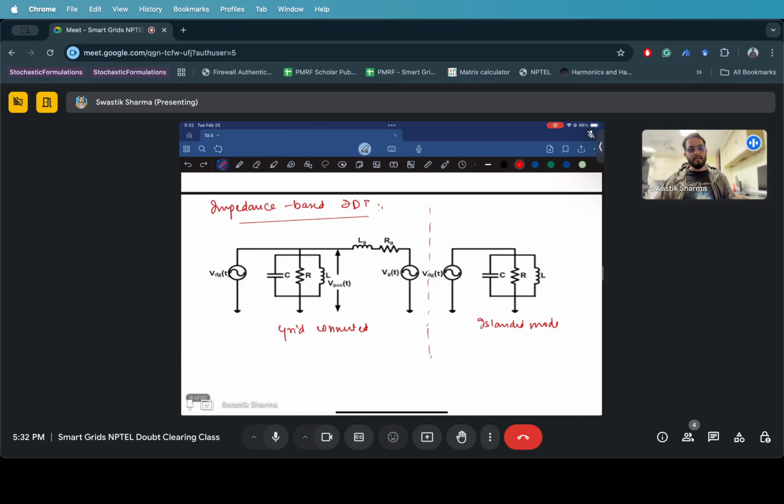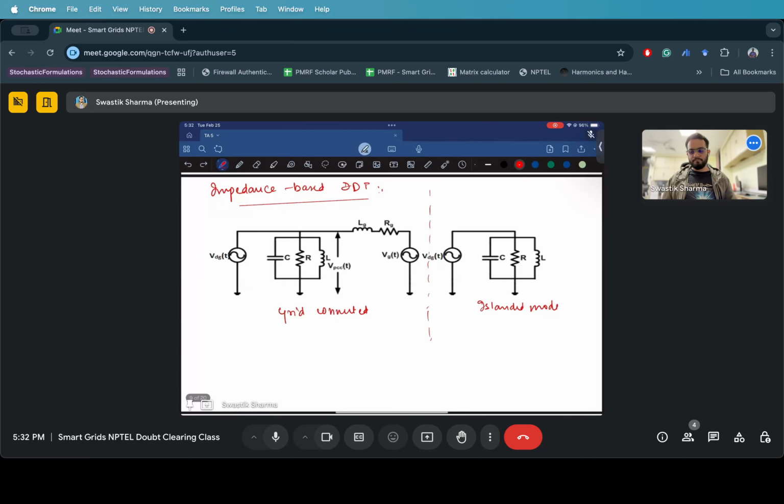Why? Because there can be times when the impedance seen with respect to the grid is very less, and you will not be able to track the minute changes in these impedances. And one more thing, if the frequency changes, the amount of load seen from the inductor and capacitor point of view will also vary.